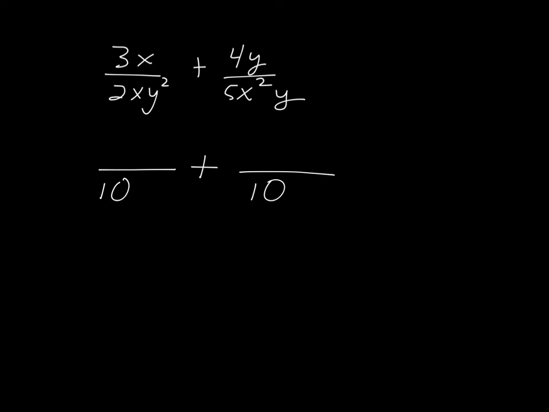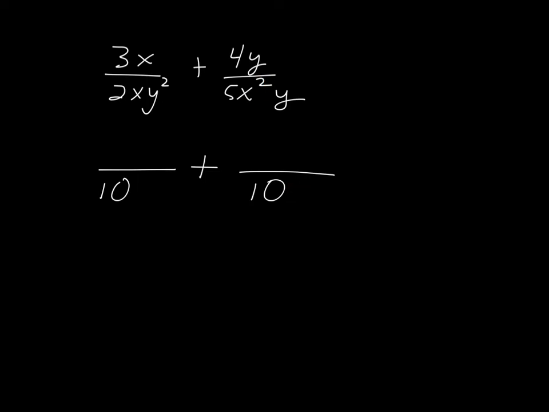Our variable part is actually pretty simple. You need the most amount of each variable. So if there's one x here and there's 2 here, you're going to need both. If you just think about that, you'll understand why. If I tried to make the common denominator just x down here, well, this is already higher than that, so it won't match up.